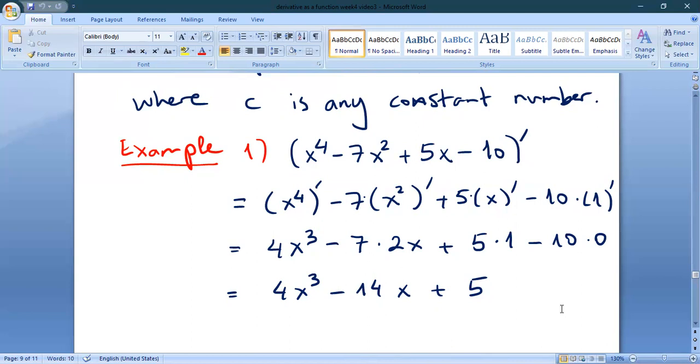So if we take the derivative of x to the 4, it's going to be 4x cubed. If we take the derivative of minus 7x squared, it's going to be minus 7 times 2x, which is finally minus 14x. Derivative of 5x will be 5 times 1, which is 5. Derivative of minus 10 is actually minus 10 times derivative of 1, which is minus 10 times 0, so it is 0.